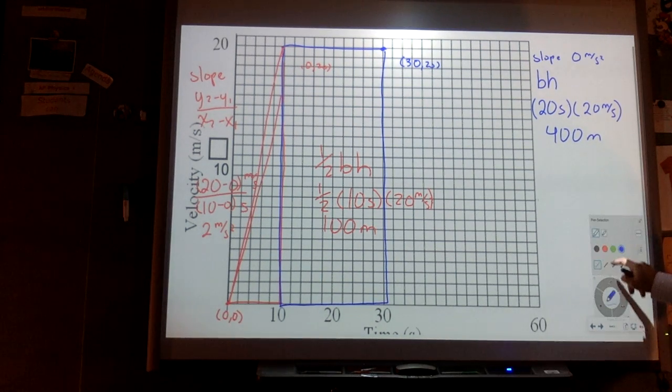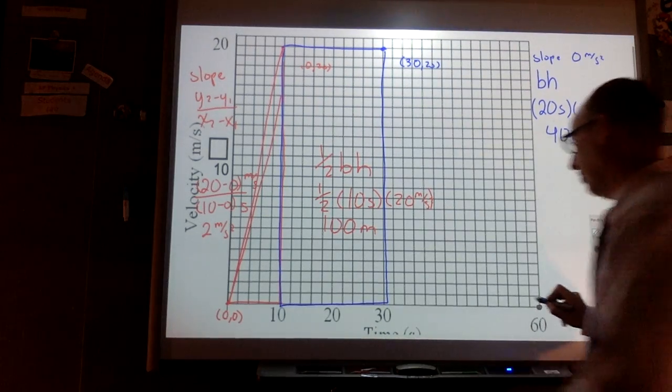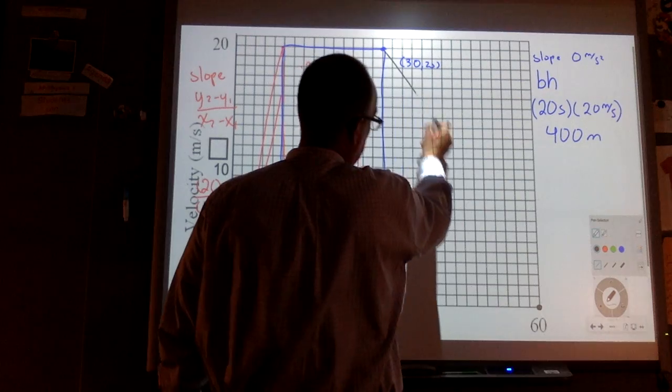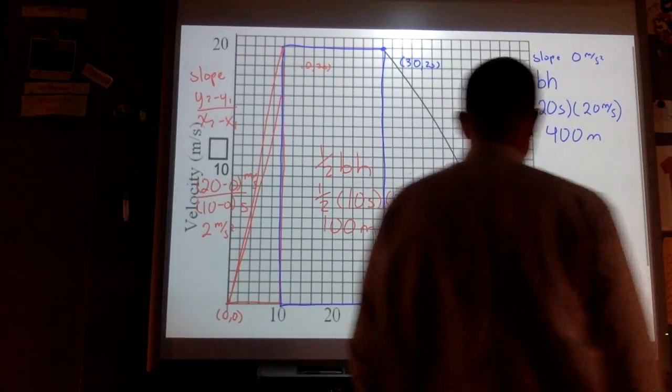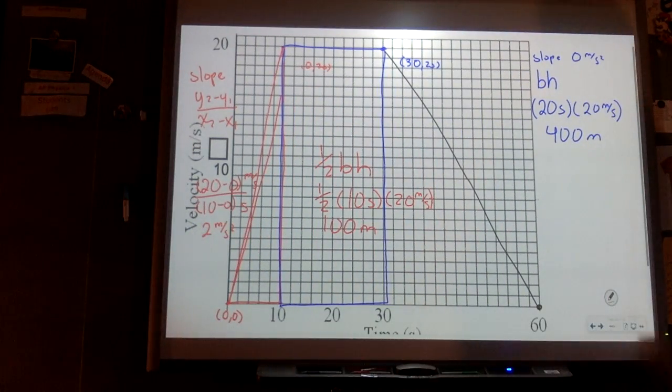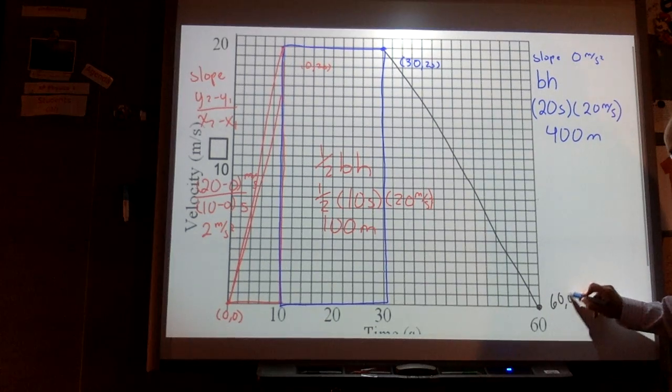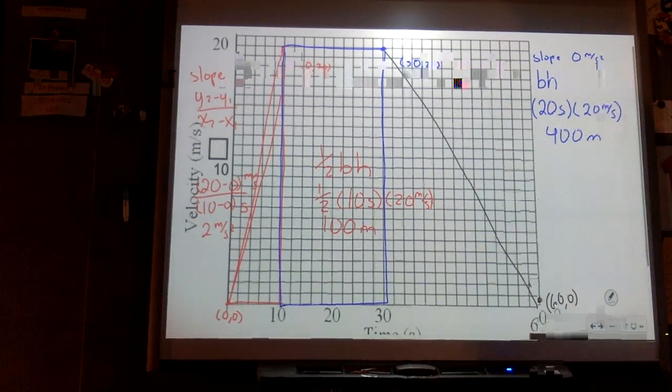In the last increment, I return back to my starting point, which is a speed of 0. I should say my starting speed, which is a speed of 0, and this would be at 60, 0.